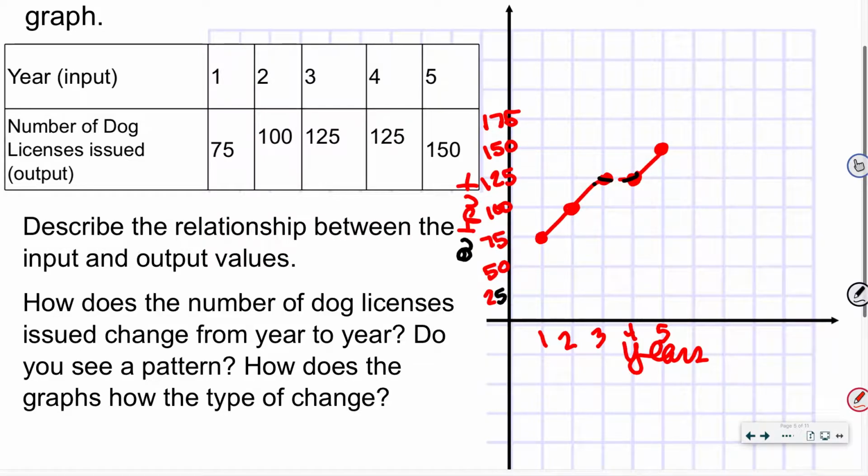It's not a function. So let's get our vocabulary in order as well when we talk about this. Who believes not a function? Okay. Why is it not a function? Before you answer, look at the definition you wrote down yesterday for a function so that you can explain it with the terminology that we've been utilizing.